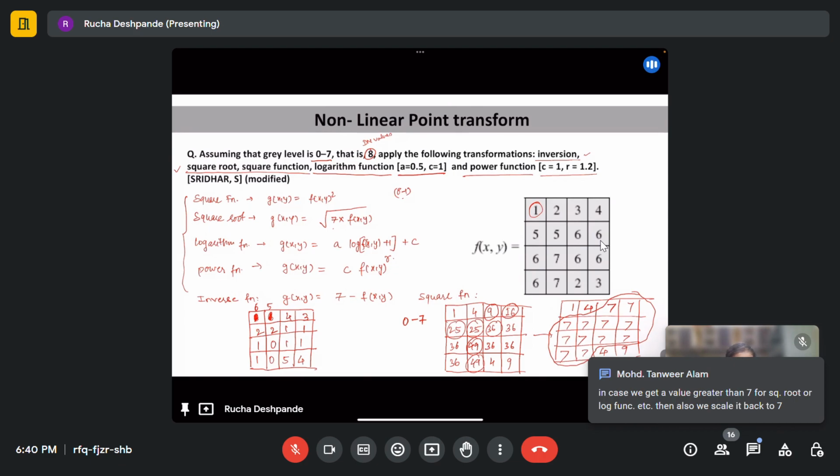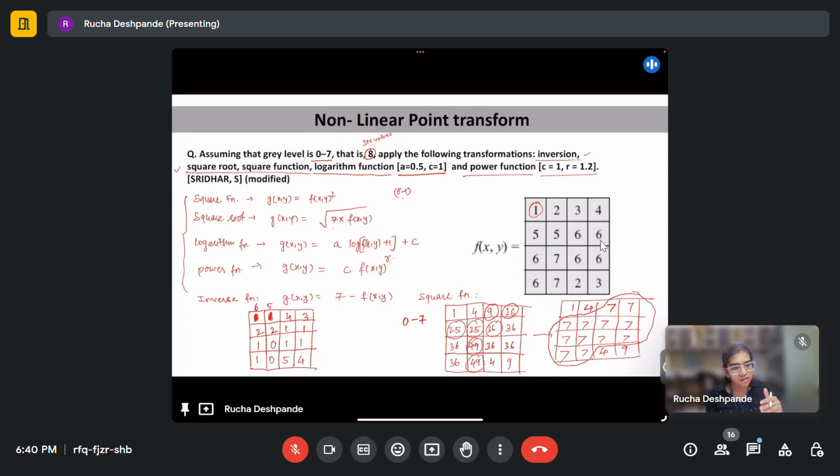Yes, if we get values greater than 7, then it will be stored as 7 only, because this image is 8-bit image only, so it can store values only up to 7. Sorry, it's a 3-bit image, sorry.